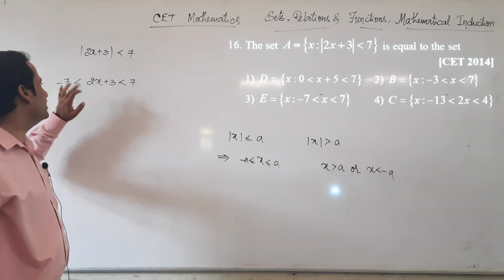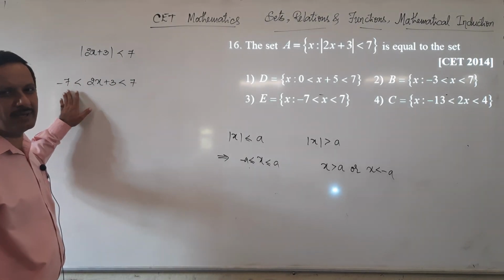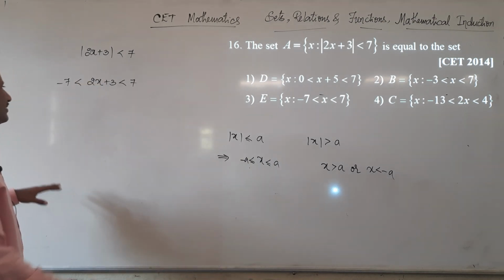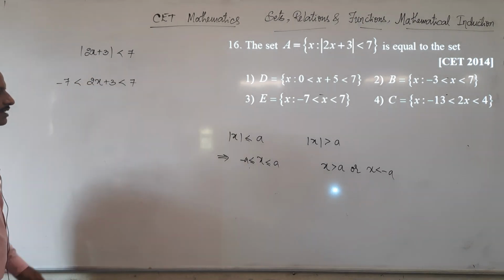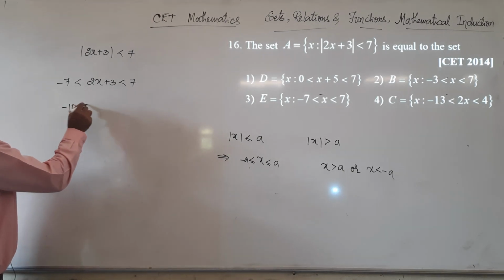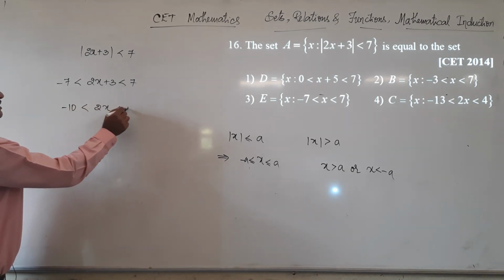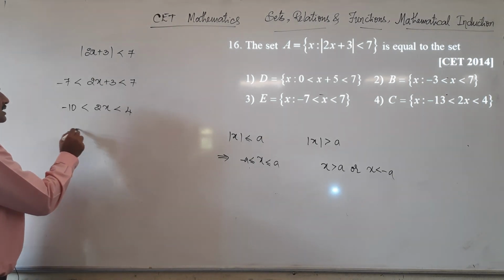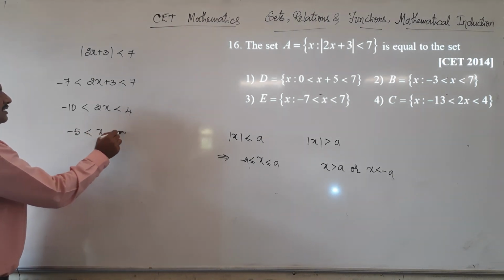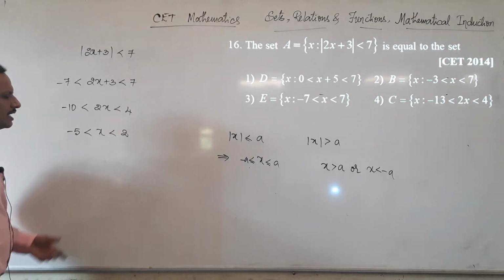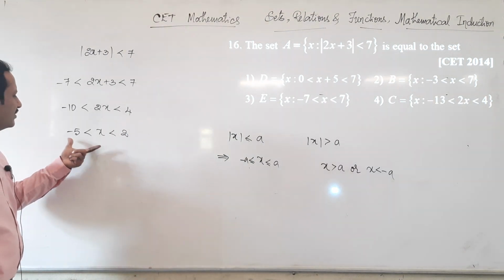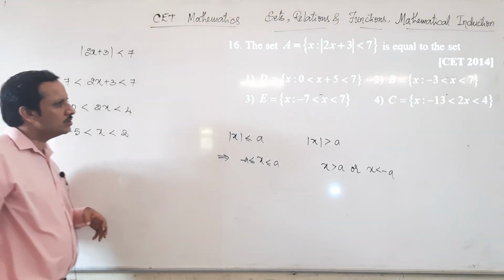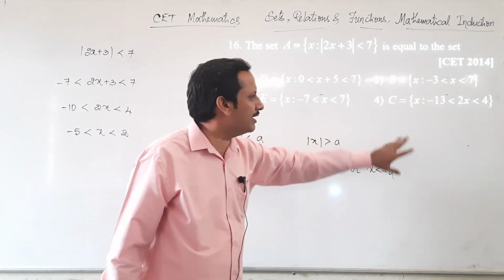In this case, modulus of 2x plus 3 is less than 7, which means 2x plus 3 is greater than minus 7 but less than 7. Now, I will subtract 3 from this inequality, that will give you minus 10 less than 2x less than 4. Divide by 2, that will give you minus 5 less than x less than 2. So, x is between minus 5 and 2.